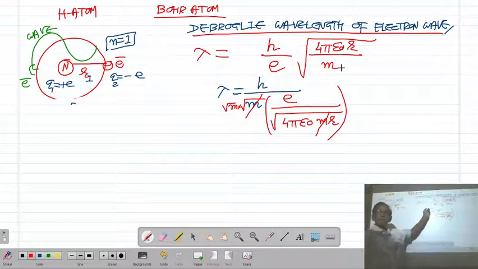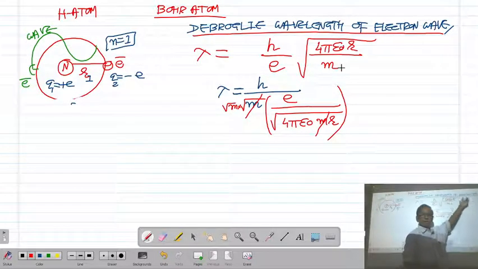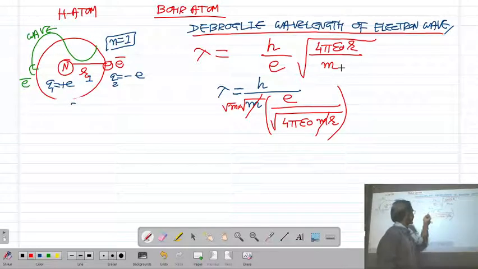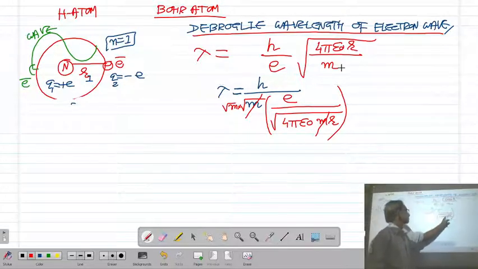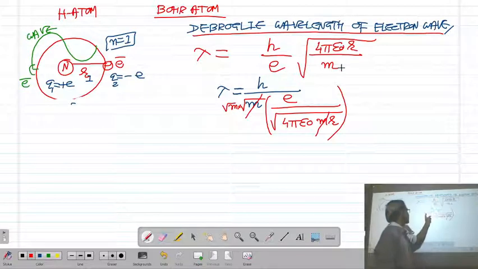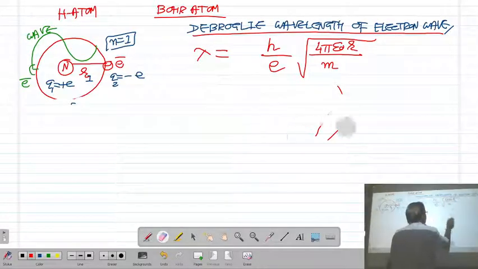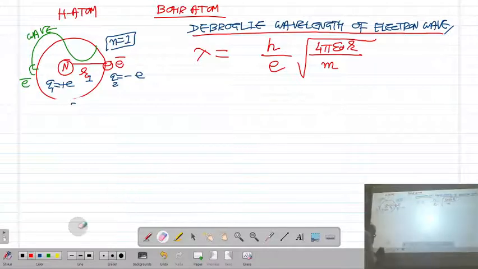Okay, so de Broglie wavelength of electron wave in an orbit around the hydrogen nucleus is h upon e, under root 4 pi epsilon 0 r will go in numerator, and under root m will be in denominator. Using this equation, we can calculate the de Broglie wavelength of the electron wave.